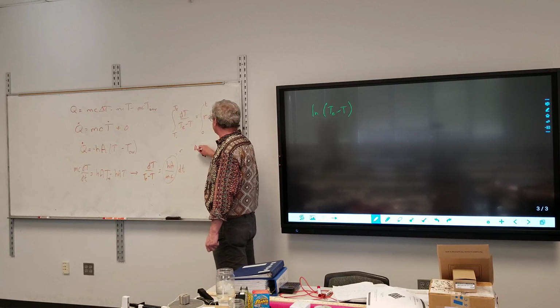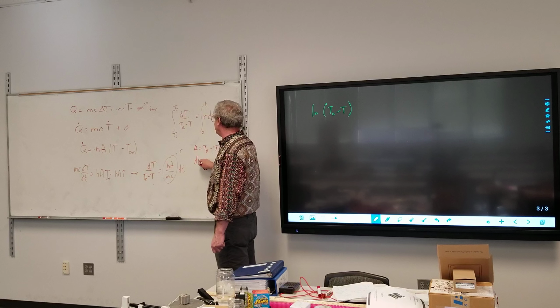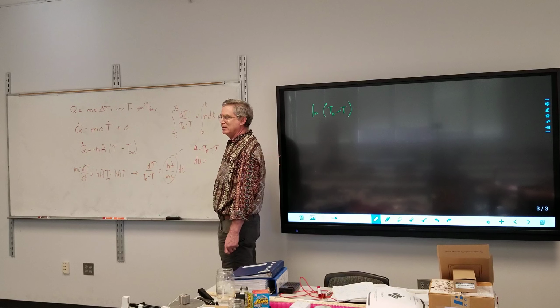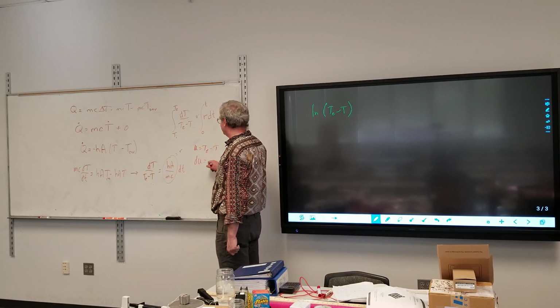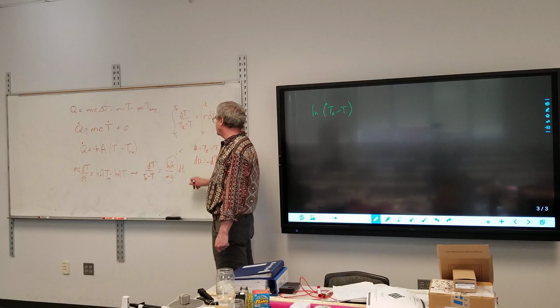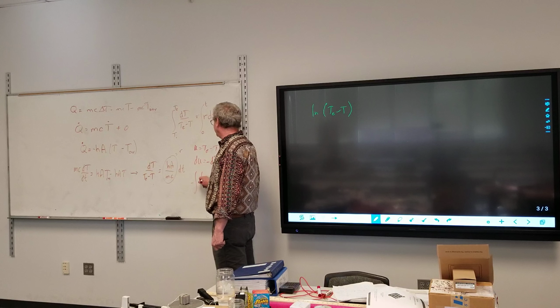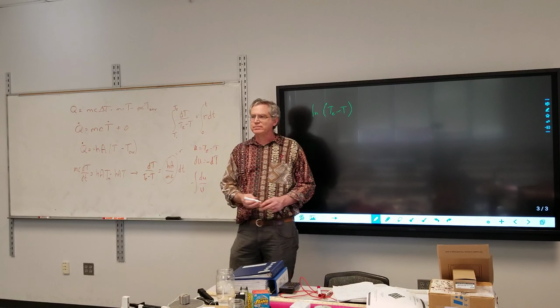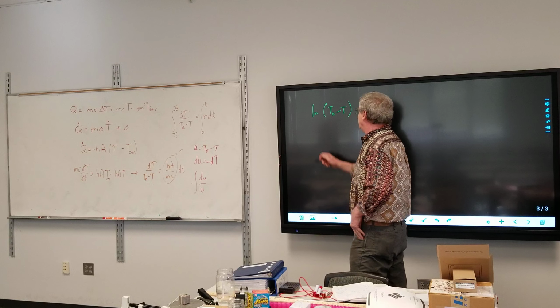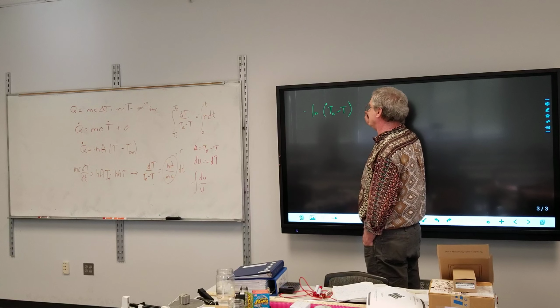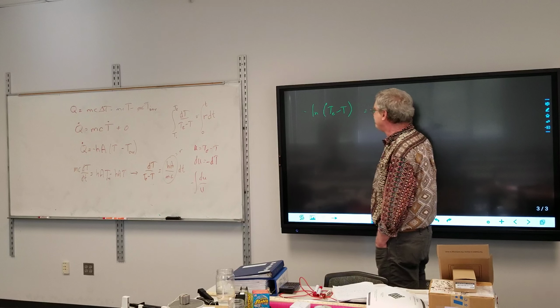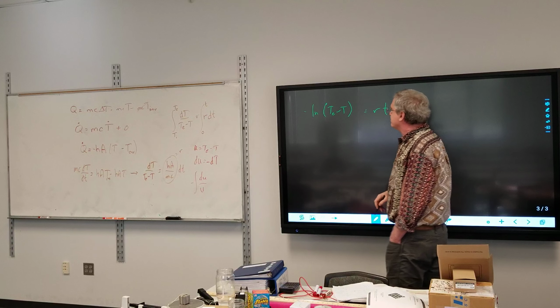So if u is equal to T_e minus T, what is du equal to? Negative dT. So this would become the integral of negative du over u. There's a minus sign. Hey, not throwing stones. All right, so negative natural log of that is equal to Rt plus a constant.